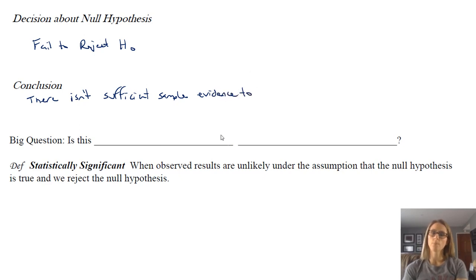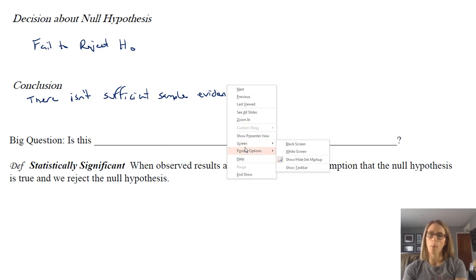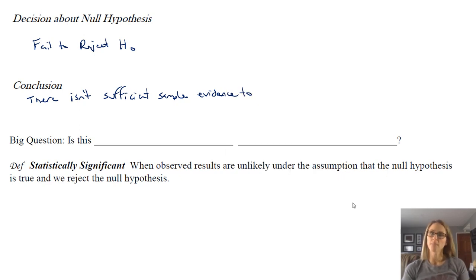Now, here is the difference that students don't love, but when the null is the claim, the sentence is a little bit different, because we're not trying to support the alternative if our claim is the null. So instead, we use this terminology, and I'm going to put it in a different color. This is because the claim is H naught.